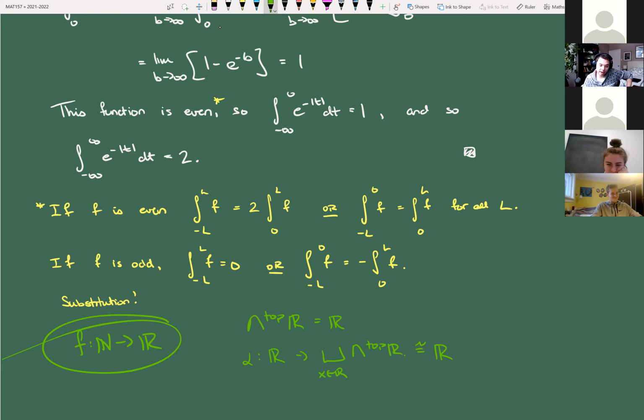For de Rham, though, it's like this, right? Is integration by parts related to differential forms? Not really. De Rham's theorem is more complicated than that, right? De Rham's theorem says that singular cohomology and de Rham cohomology are the same. That's de Rham's theorem. And to understand that, you need to first know what de Rham cohomology is.